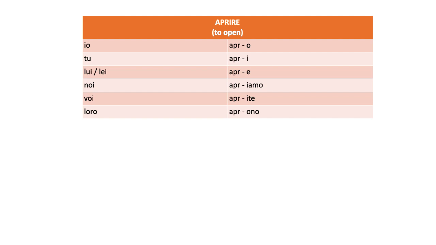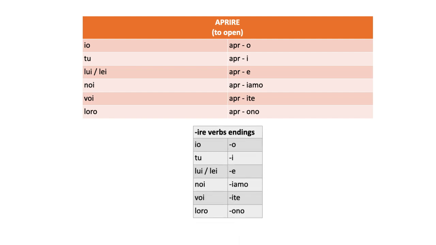And if you recall, in order to conjugate aprire, we just follow the standard procedure. We get rid of the last three letters, write the stem throughout, and then add some endings. And these are the endings for ire verbs, right?